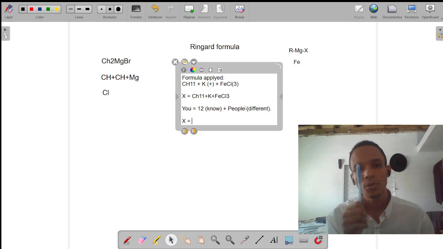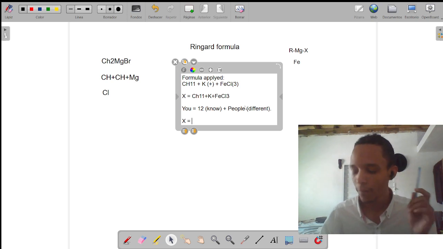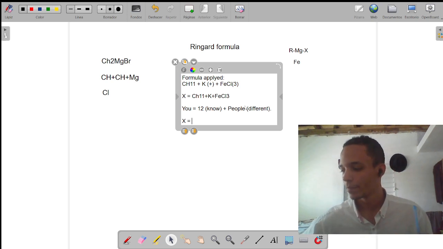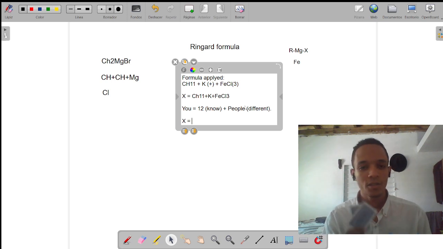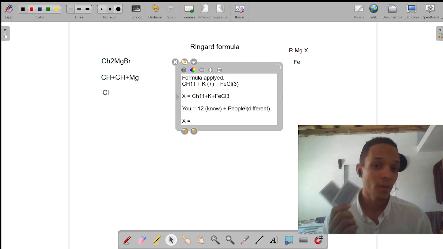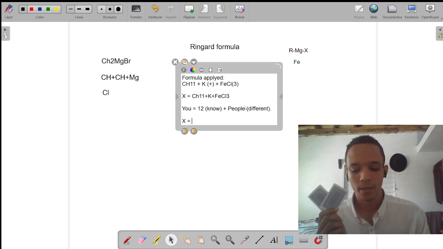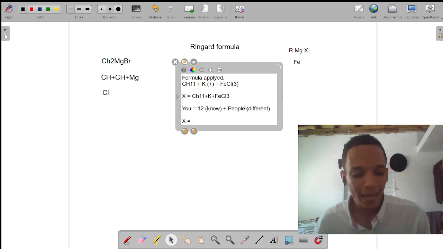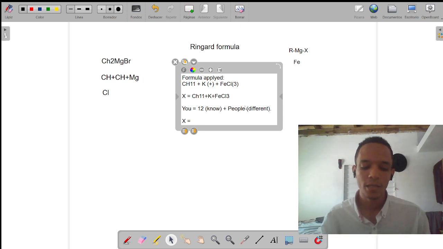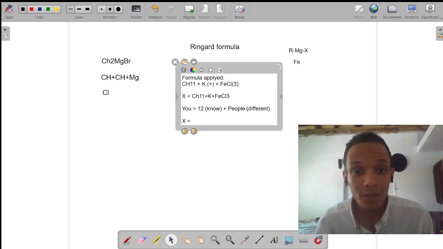But I will tell you one thing. You should not abuse this formula because you don't know the results that you could get. So please, if you're going to use this formula, use it with humbleness. If you don't use it with humbleness, you will make a lot of disasters.